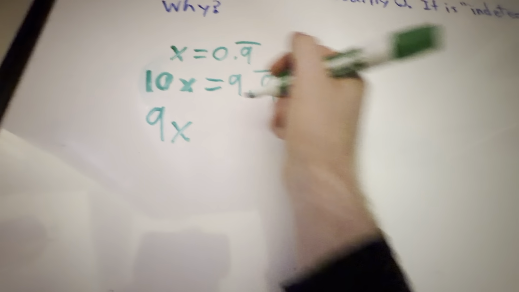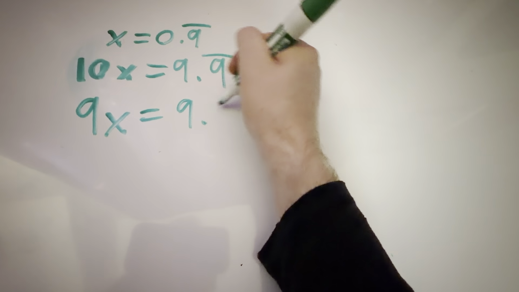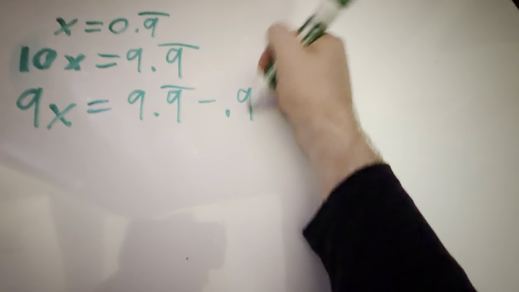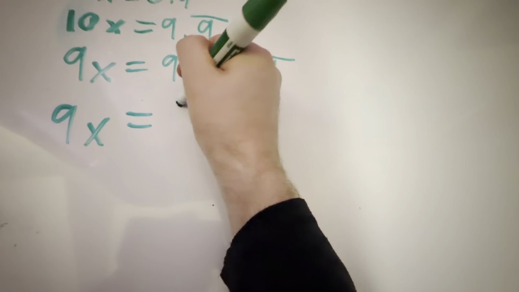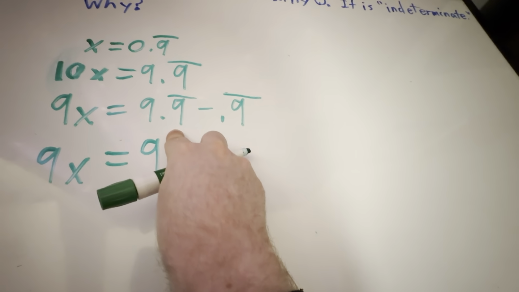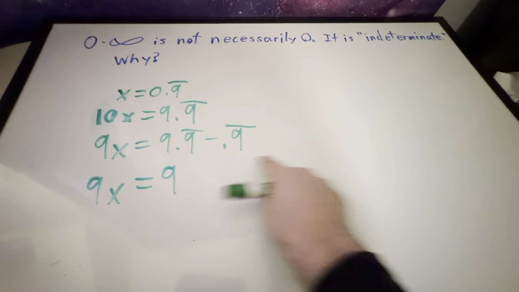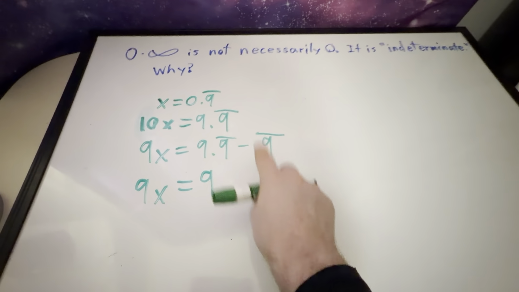So 9x equals 9.9 repeating minus 0.9 repeating. Well, 9x will equal 9, because the 0.9 repeating has infinite 9s, and they cancel each other out.